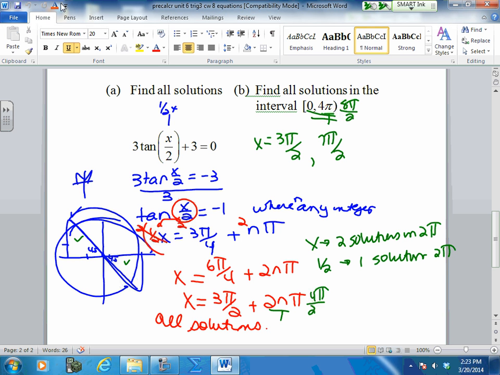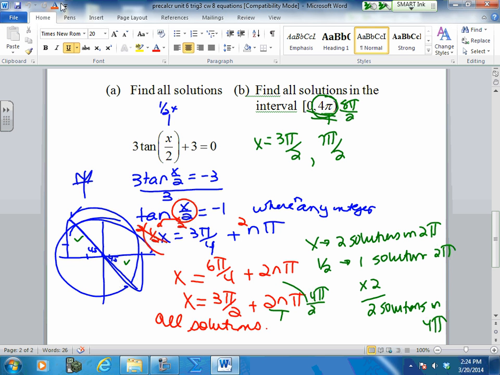Now, because we wanted to go to 4 pi, we therefore have 2 solutions in 4 pi. Remember, when you take a half of an angle, you're going to have less. If you take multiples, 2 times, 3 times, you're going to have more. So figure out how many you have in 2 pi, then take half of that, and then work on if it's going up to 2 pi or 4 pi or whatever your answer is.